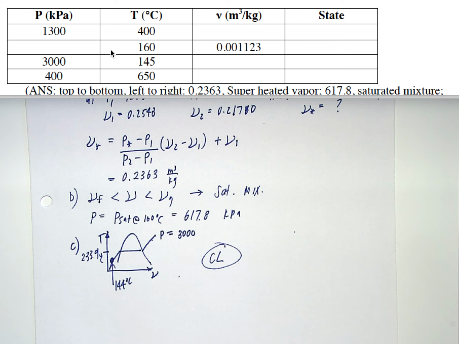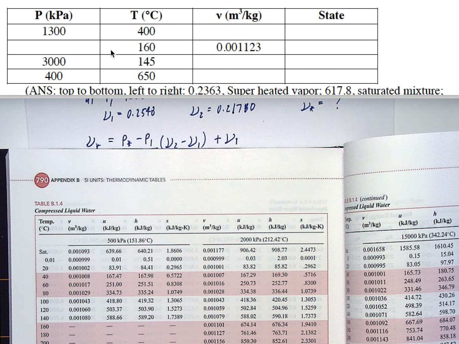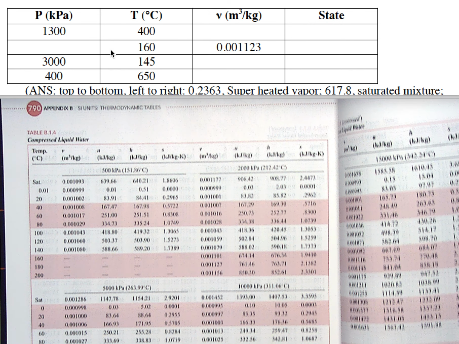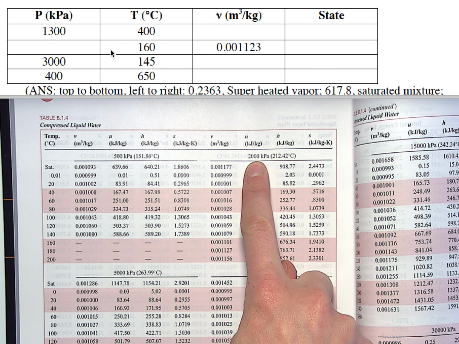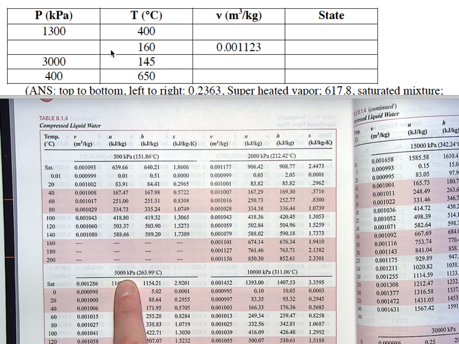So for this problem, you're going to want to go to the compressed liquid charts. And you're going to try to find 3,000 kilopascals. This is another tricky one because there's a 2,000 and there's a 5,000. There's no 3,000.